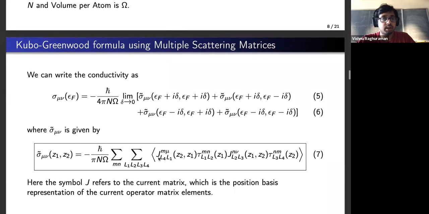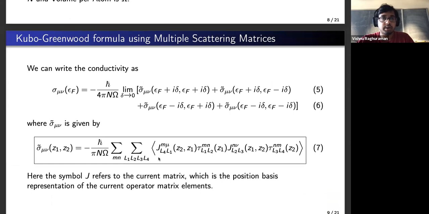And basically with a lot of algebra, you can convert that into this form, where you express sigma in terms of these sigma tilde functions at 2 energy points, which is epsilon f plus i delta and epsilon f minus i delta, where delta is a small imaginary part slightly above and slightly below the Fermi energy.